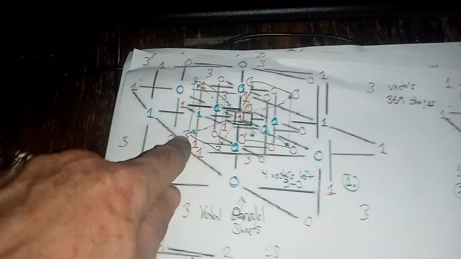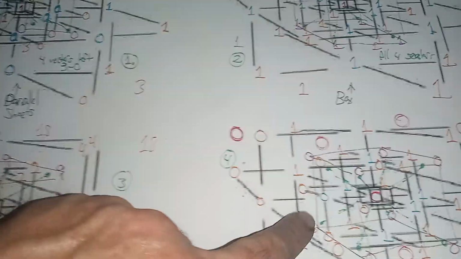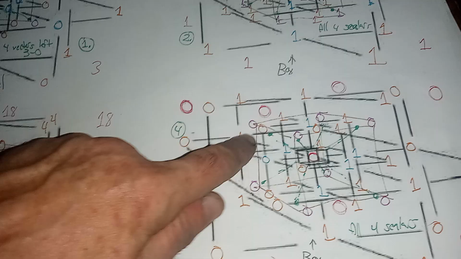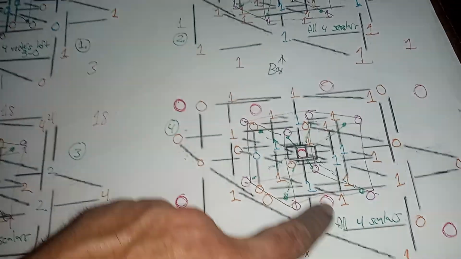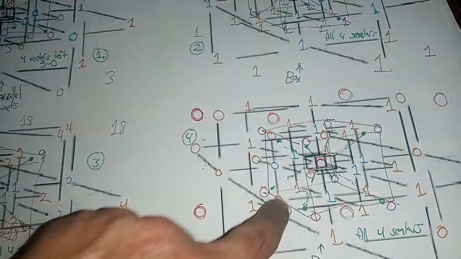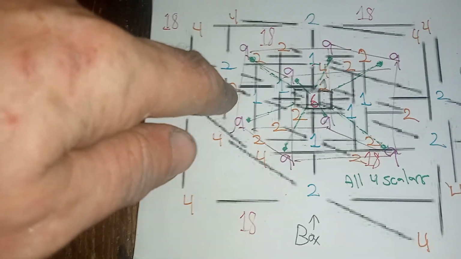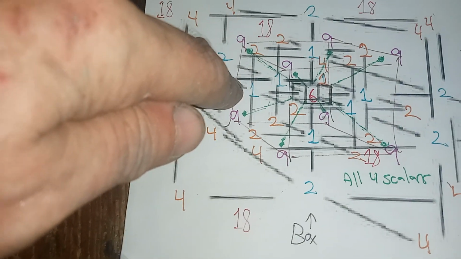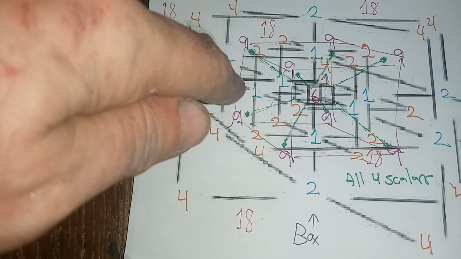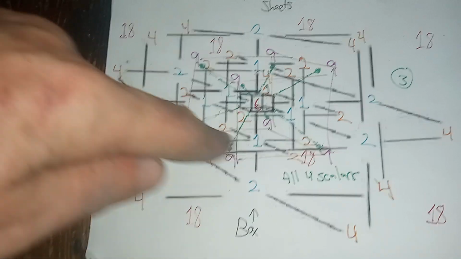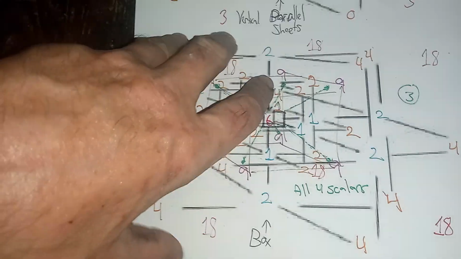Or right here in addition, 1, and the rest is 0. And so it's all scalars again, 0, 0, 0, 0, 0, 0. Same number. And this is the all-scalars box for the 369 shape.